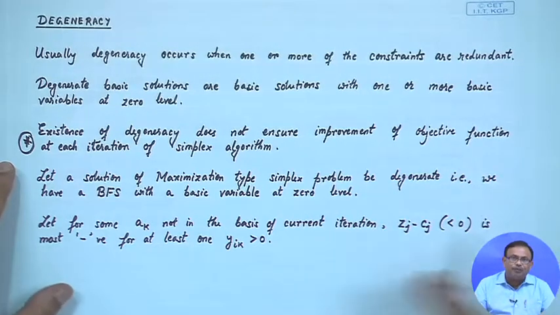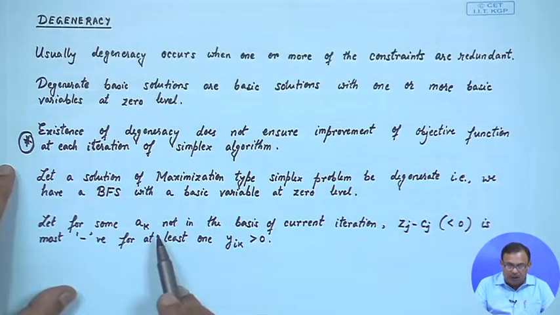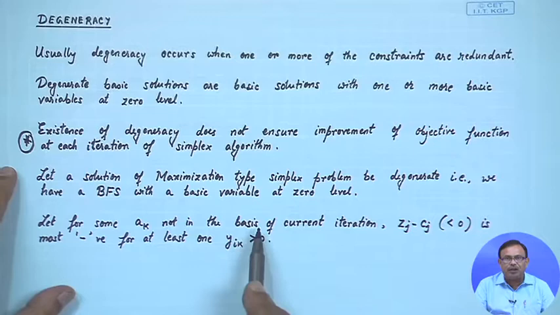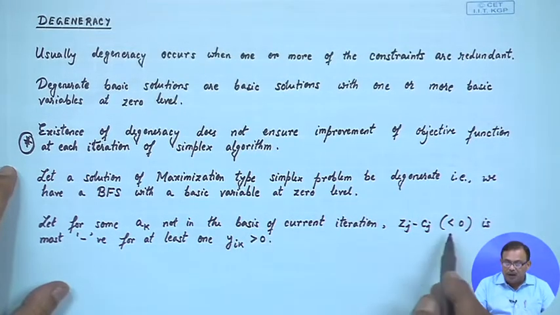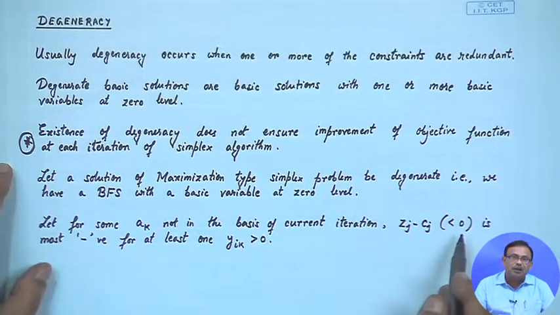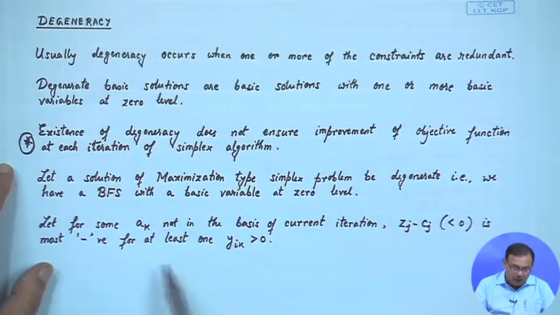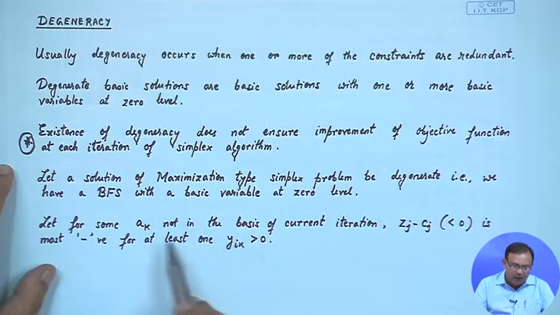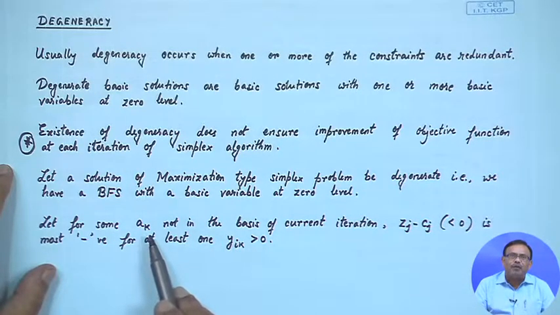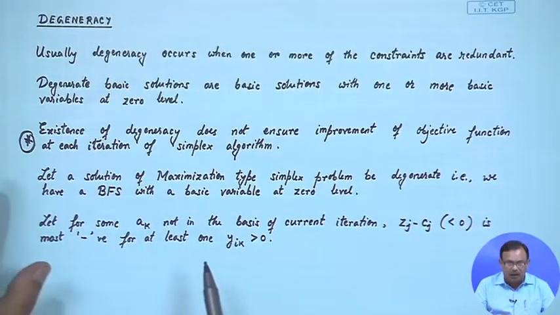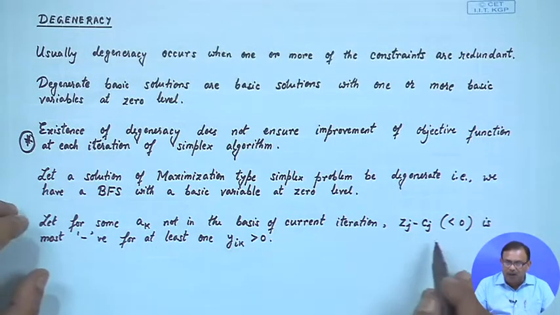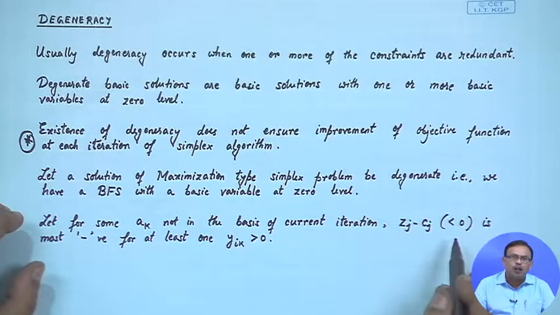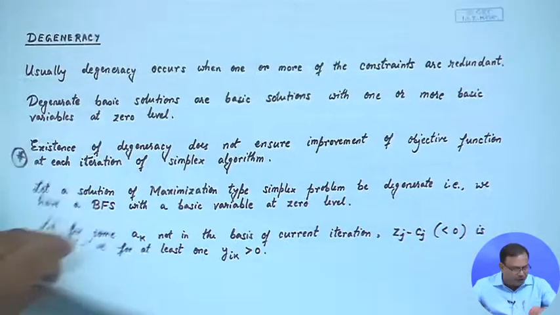So, for some ak which is not in the basis in this current iteration, Zj minus Cj is less than 0 and is most negative for at least one Yik greater than 0. In other words, your ak or the vector xk will enter into the basis, since Zj minus Cj is most negative for that value.